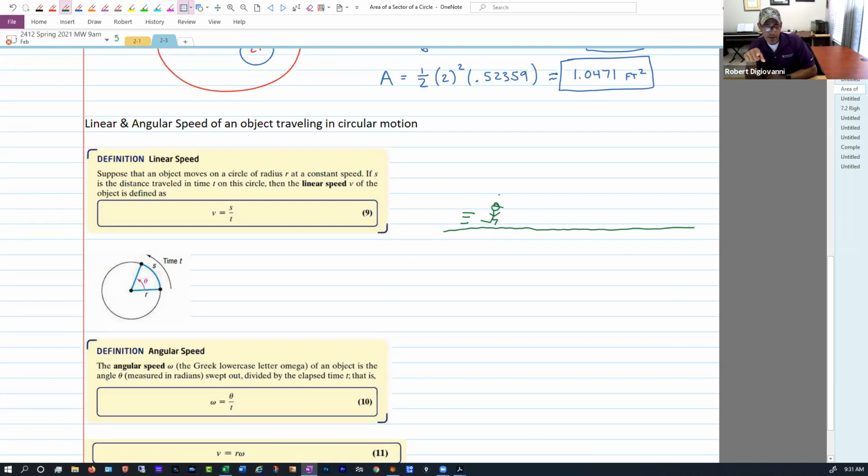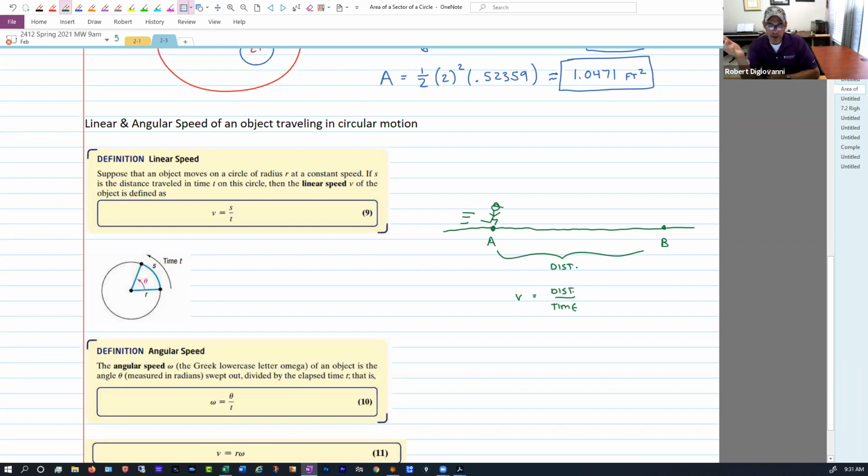If you're running in a straight line, you go from point A to point B. That's a distance that you travel, and it takes you some amount of time to do that. So your speed or velocity, I'll put V, would be the distance you travel divided by the time it takes you to travel it.